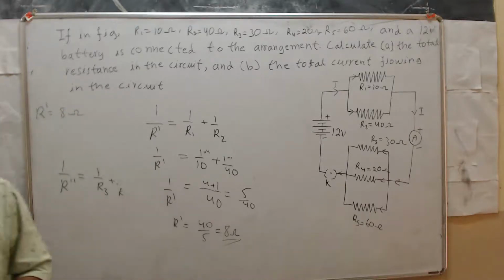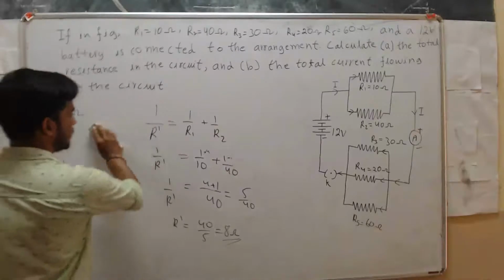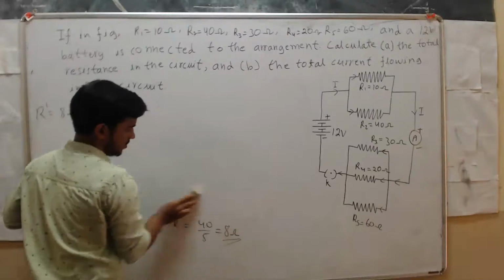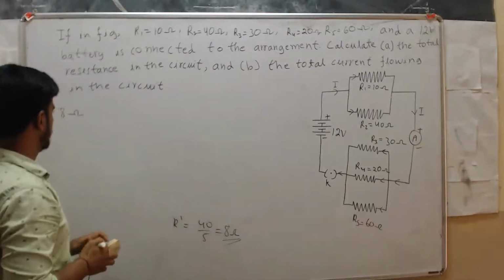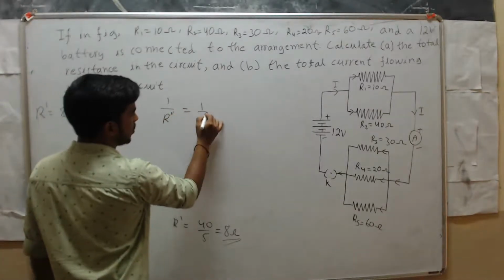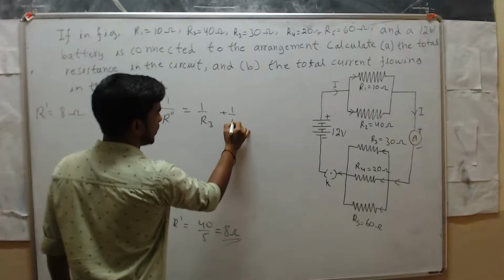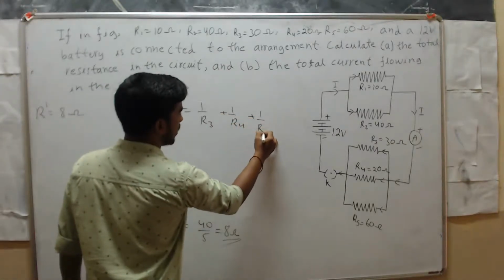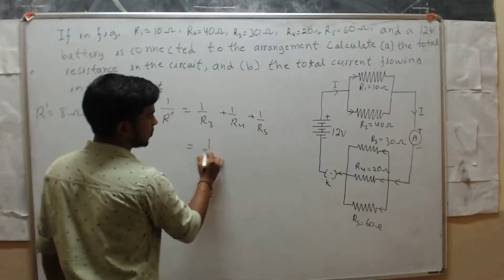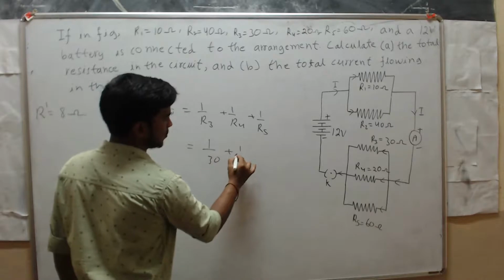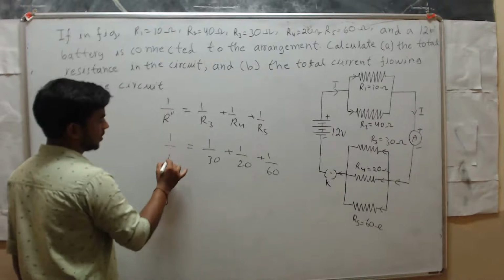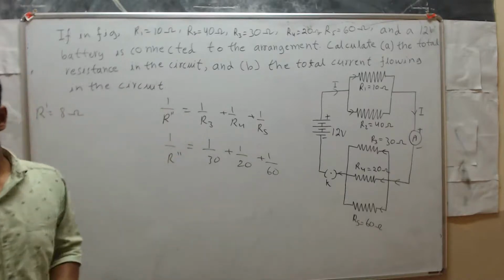So now calculate R double dash. That is 1 by R double dash equals 1 by R3 plus 1 by R4 plus 1 by R5, which is 1 divided by 30 plus 1 divided by 20 plus 1 divided by 60. Take the LCM and find the answer.